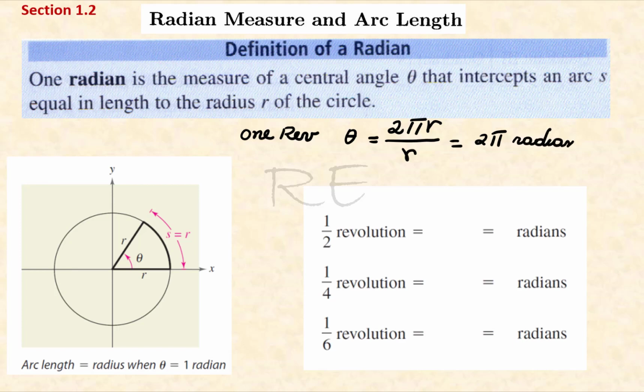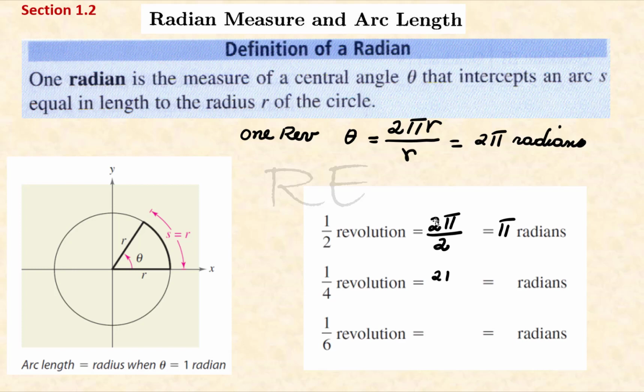If we measure the circle in radians, by the way, 2 pi radians is equal to 360 degrees. Half of a revolution, we have to divide 2 pi radians by 2. So half of a revolution is pi radians.